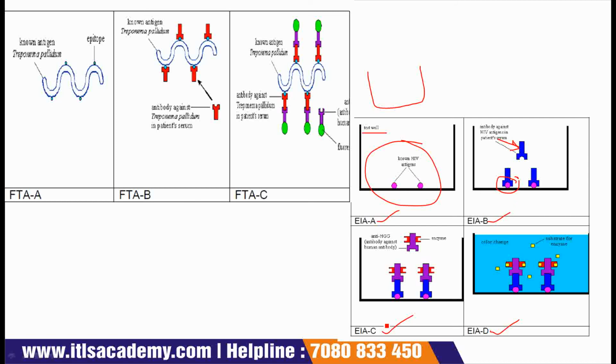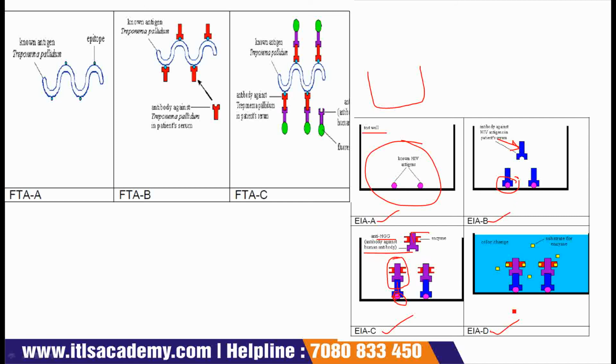In immunoassay C, these antibodies are attached over the HIV antigen, and anti-human IgG antibodies, which are antibodies against human antibody, are made, and these are attached to this first antibody.